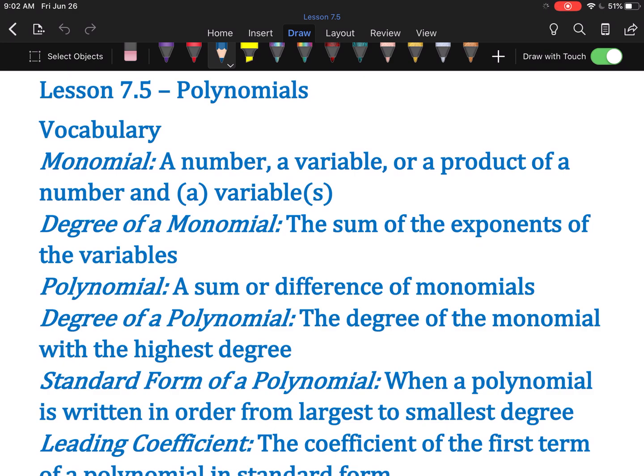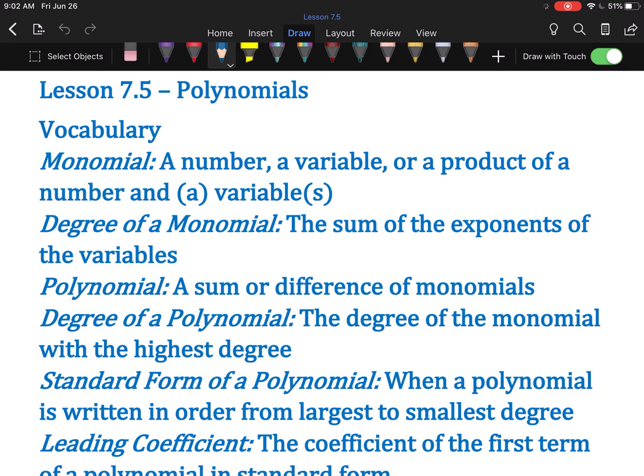A polynomial is the sum or difference of monomials. So it's two or more monomials that have plus or minus signs in between. Okay, the degree of a polynomial is the degree of the highest monomial. So in a polynomial that has multiple terms, we will find the degree of each term, and the biggest one of those is the degree of the entire polynomial.